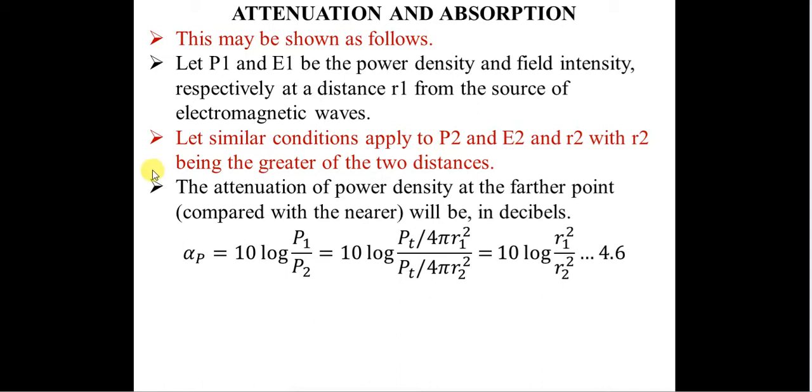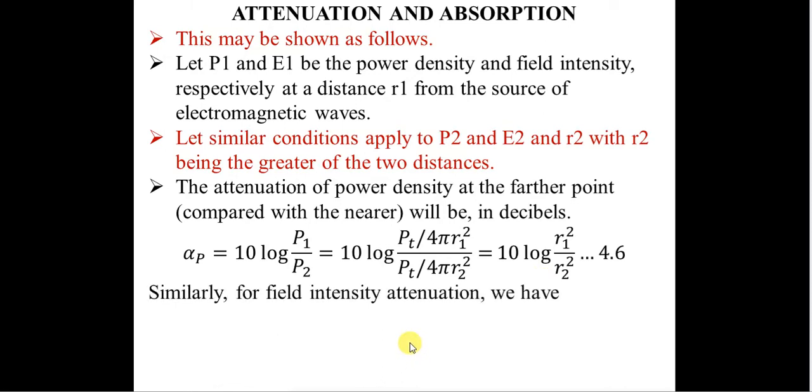Here P1 and P2 are power densities at distances R1 and R2. Solving it, we get attenuation equals 10 log R2 square by R1 square.